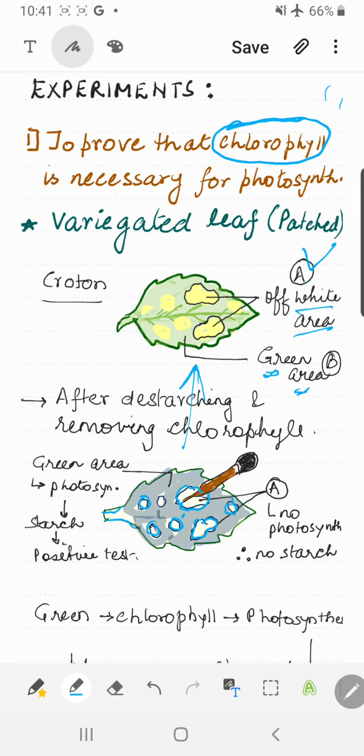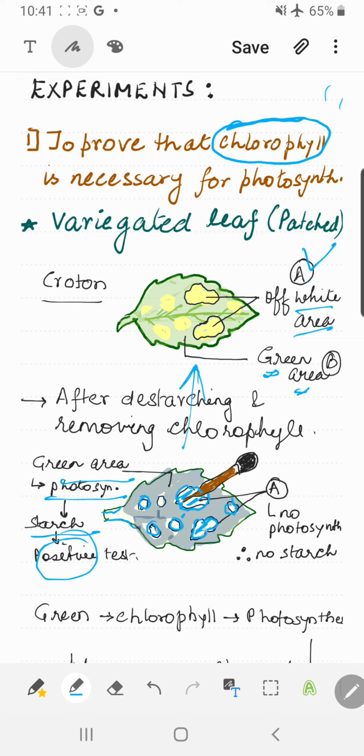What do you conclude out of it? That the areas which were not having chlorophyll did not photosynthesize, and the areas which had chlorophyll, which were green areas, performed photosynthesis and produced starch as the food product. And when you tested it with iodine, it gave a positive test, right?